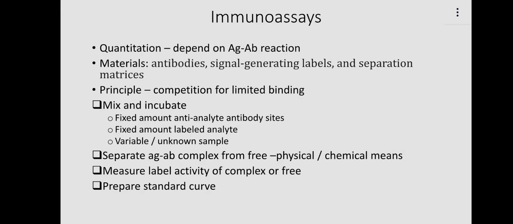So these labels may include measurement of radiation, or that is a measurement of fluorescence or enzyme activity. So this radiation is actually radioactivity. So there are different labels that can be used to measure what proportion changed form.